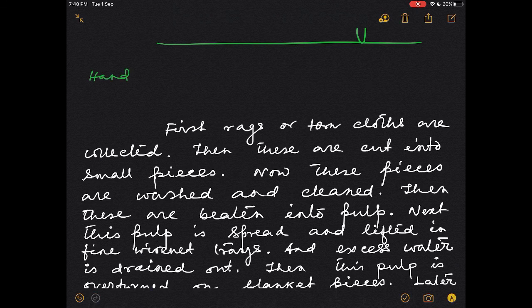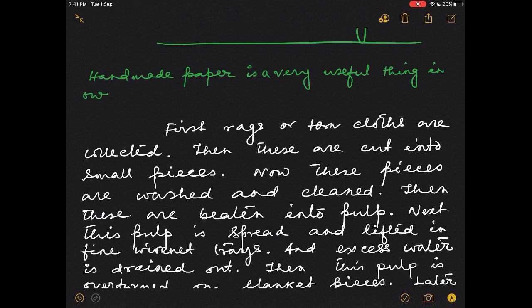Handmade paper. Handmade paper is a very useful thing in our life. It is used in making so many things.